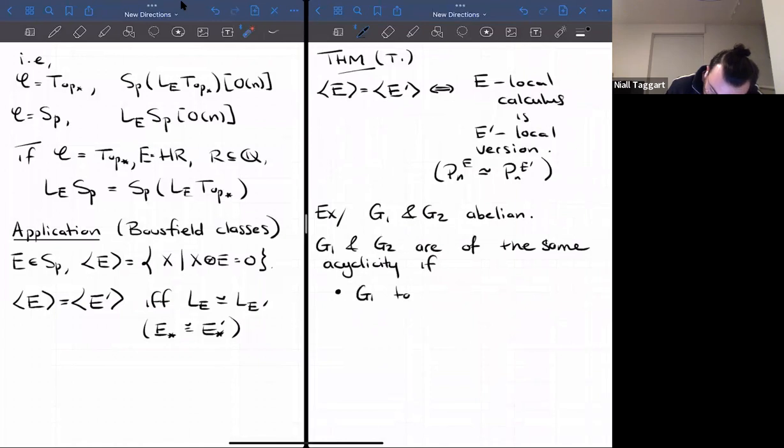G1 is torsion if and only if G2 is. And for all primes p, G1 is p-divisible if and only if G2 is.